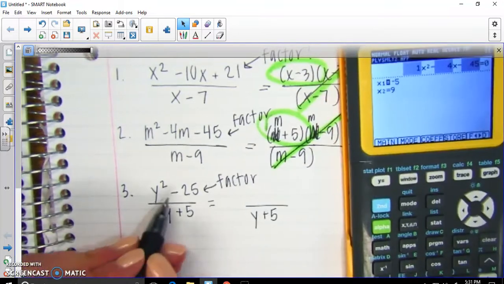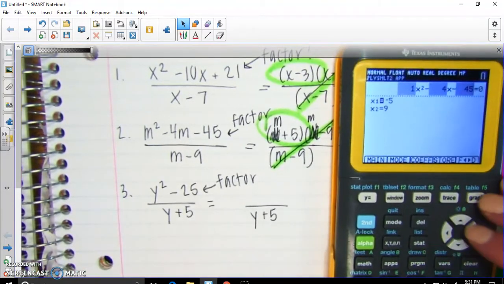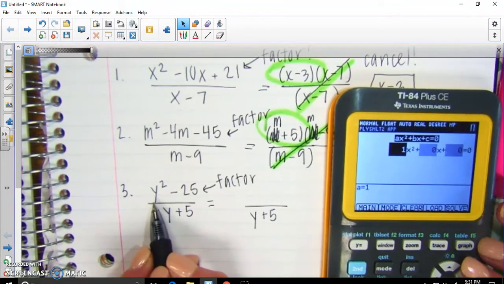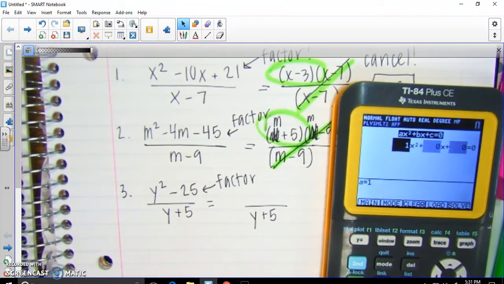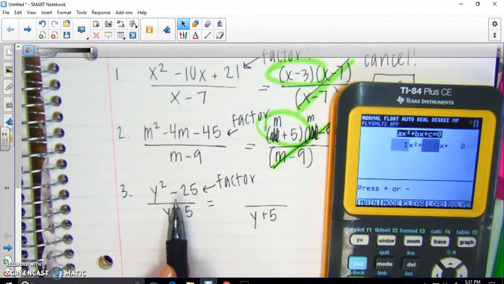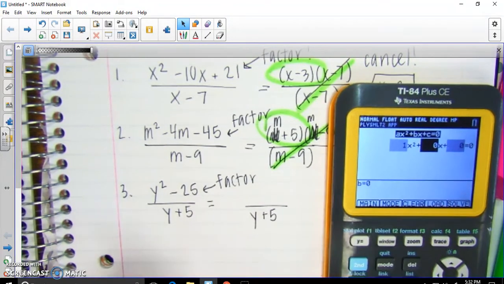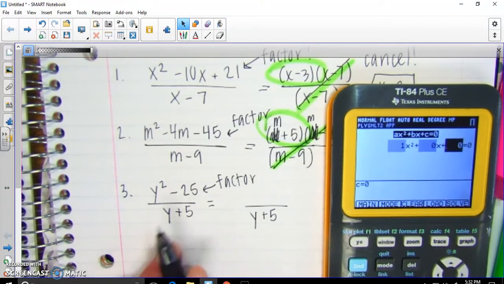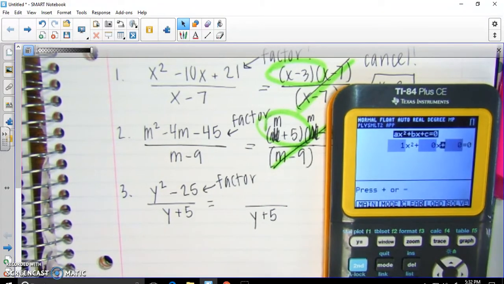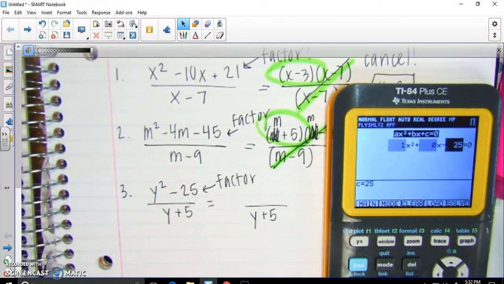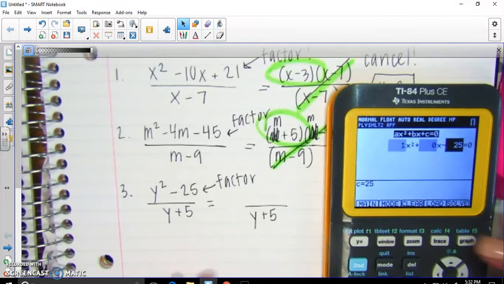You can certainly use your app to factor this. So if I want to do that, I'm going to clear. I've got a coefficient of 1 with the variable squared. I don't have anything with x, so I'm going to leave that as 0. And then I've got minus 25, so I need to make sure that mine says minus 25, or in your calculator, you're going to put in negative 25.